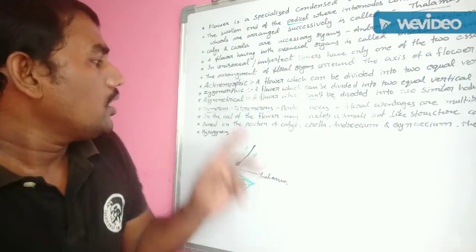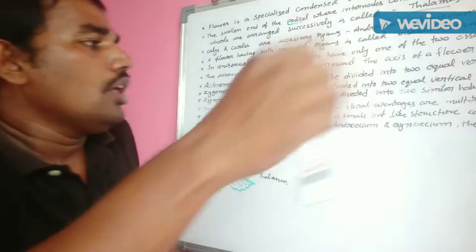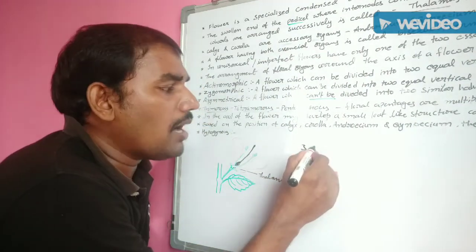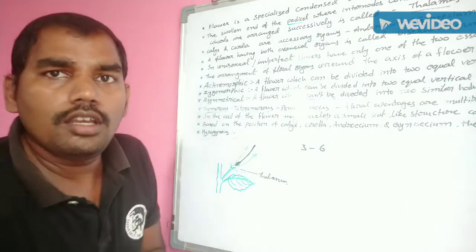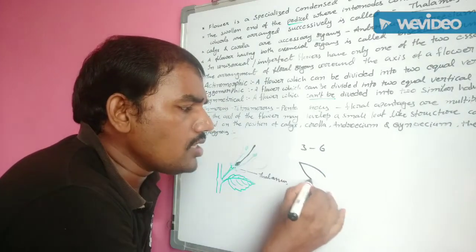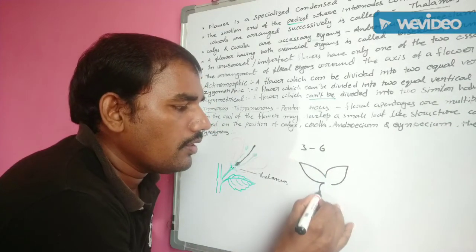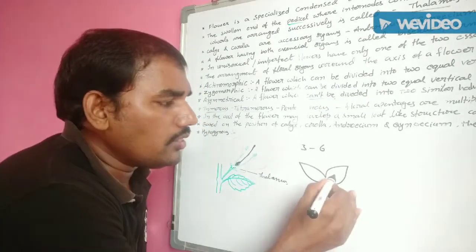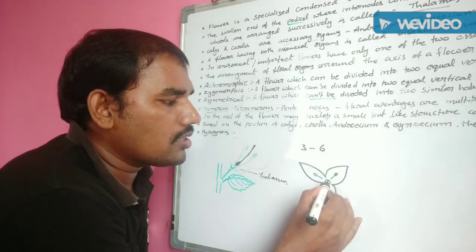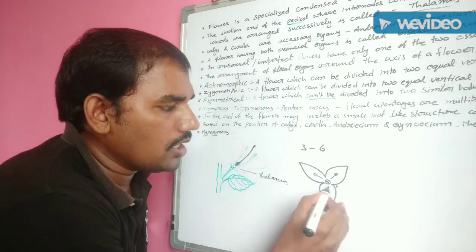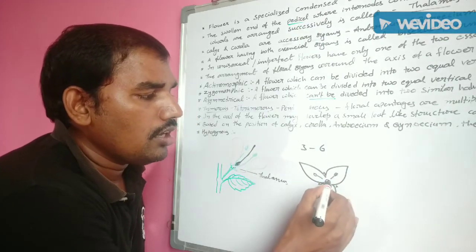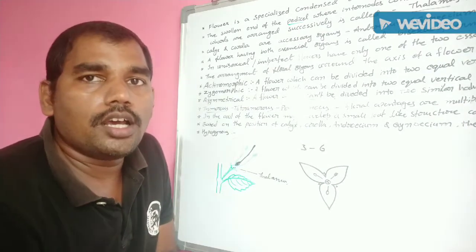Trimerous flowers: the floral appendages are either three or multiples of three. Suppose calyx 3, corolla 3, anthers 3, carpels 3.